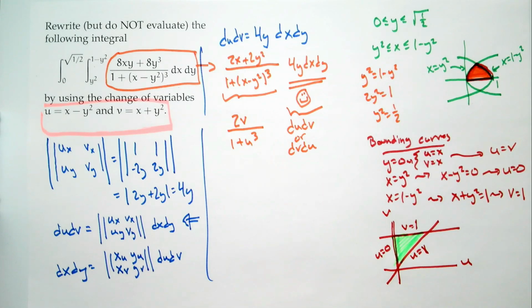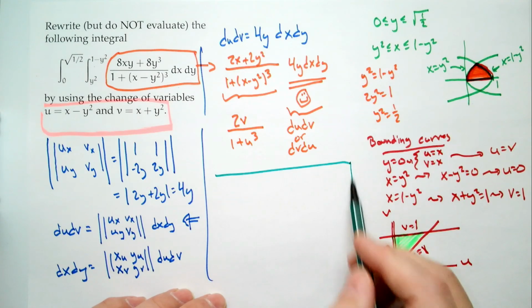So when we change the substitution, this triangle with somewhat bent edges becomes a new triangle, a little bit easier to describe. And that's one of our goals. We're doing a change to make things easier. We don't do a change to make things harder. That's the wrong spirit of calculus.